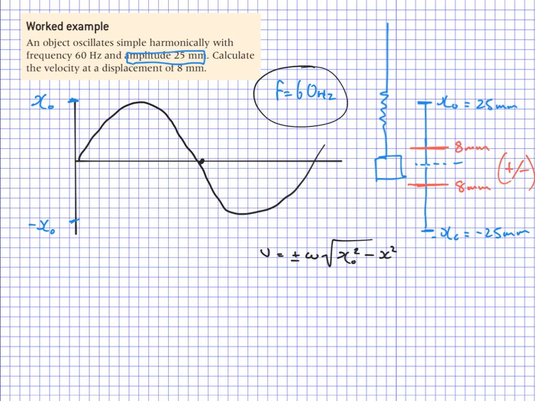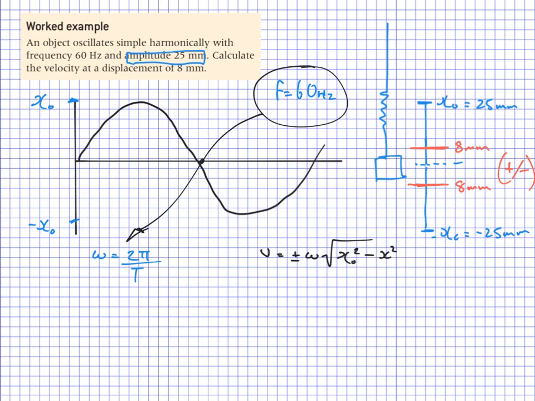We have the frequency. What we need to know is the angular frequency or the angular velocity. So let's just do that over here first of all. It should be pretty easy for you. We know that the angular frequency is the time it takes to do 2 pi, in other words, 2 halves of a circle, and that's going to be the period.